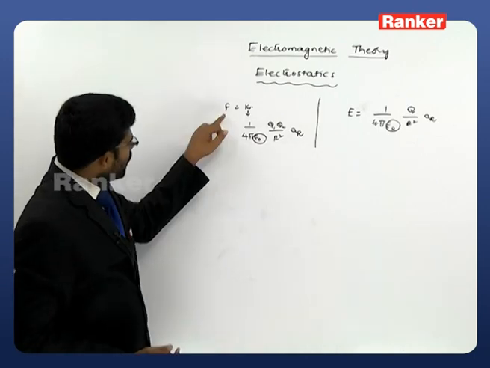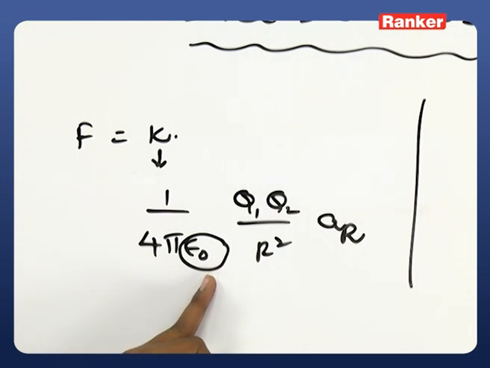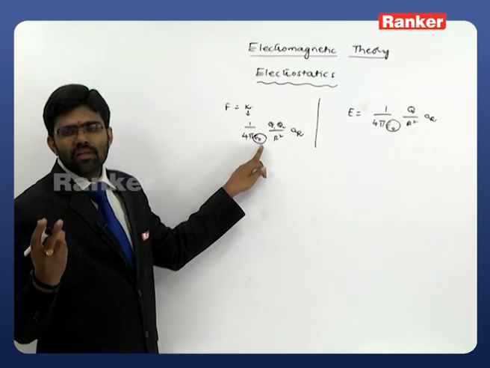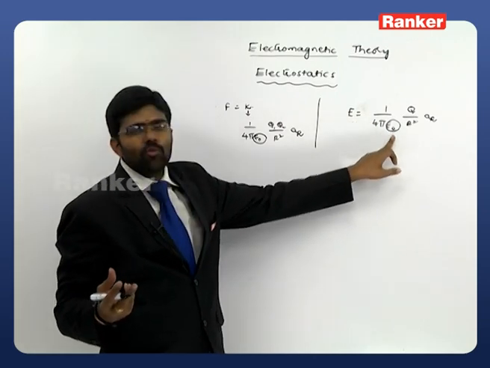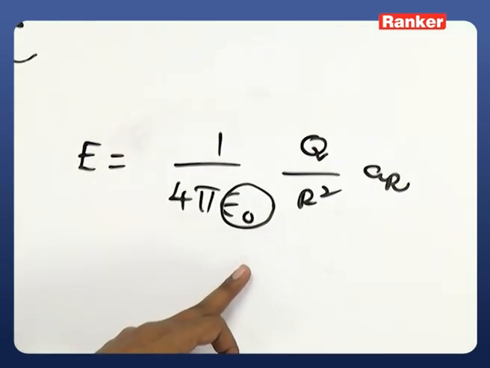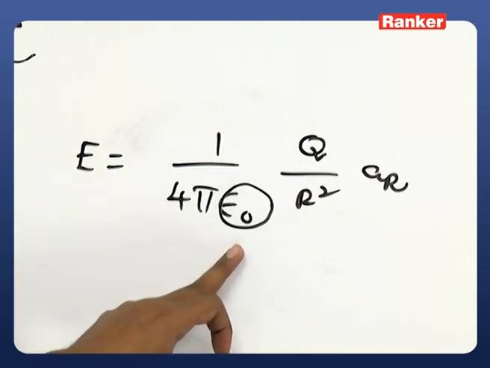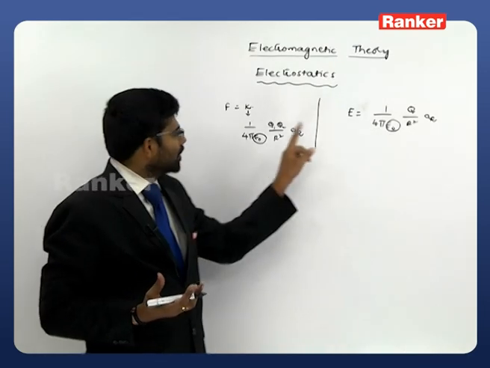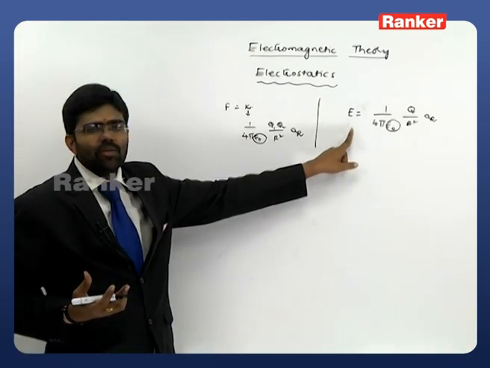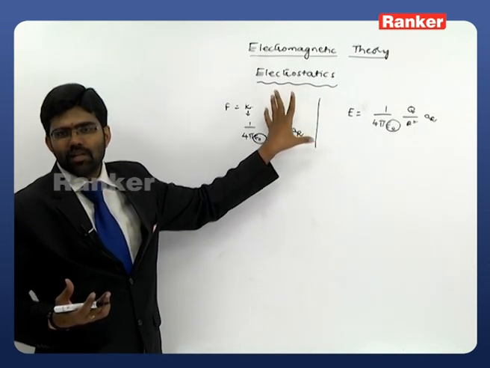If you want to calculate this force, the parameter epsilon must be known to us, which is related to the material we are considering. If you want to calculate the electric field intensity, we must know epsilon, the dielectric constant of that particular material. So clearly the calculation of force and electric field intensity purely depends upon our material.